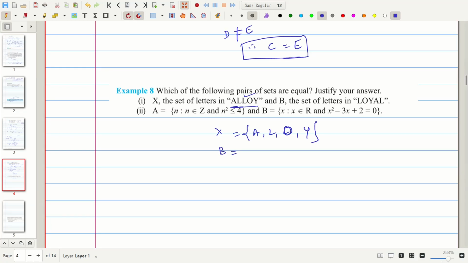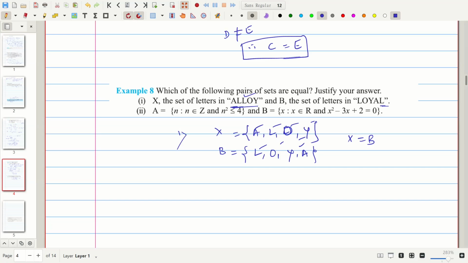And B contains the elements L, O, Y, A, and L repeats, we cannot write that one. So these two are equal because every element is there. A is here, L is here, O is here, Y is here. We can say these two sets are equal.